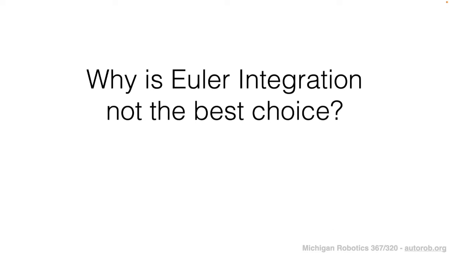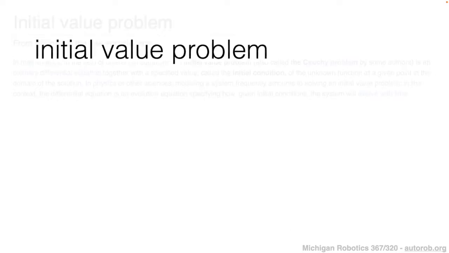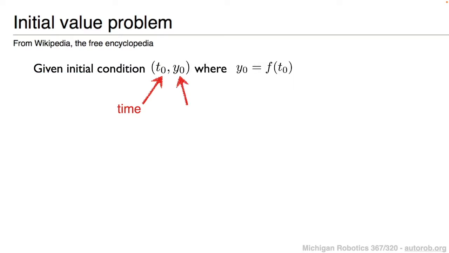One way to think about the reason why is if we think about this simulation that we just did as an initial value problem. These have been applied across physics and mathematics. Typically the setup for one of these initial value problems is you have some start condition. So this could be time and the current state of the system, like the pendulum angle, or the pendulum angle and the pendulum velocity, where the state of the system is a function of time.